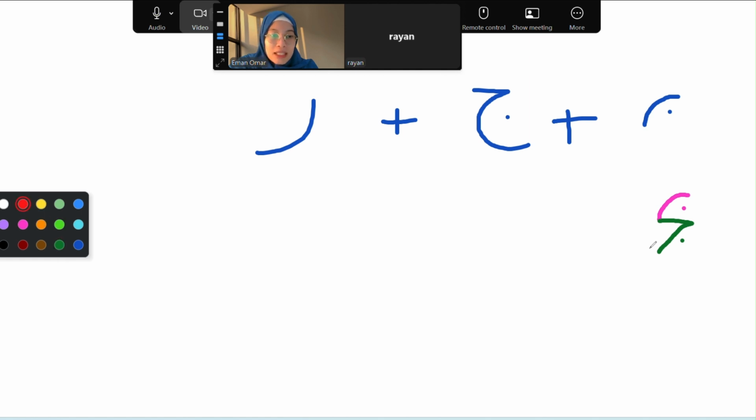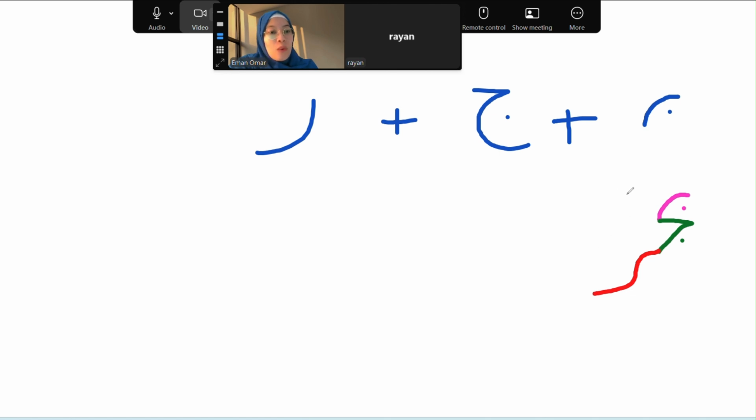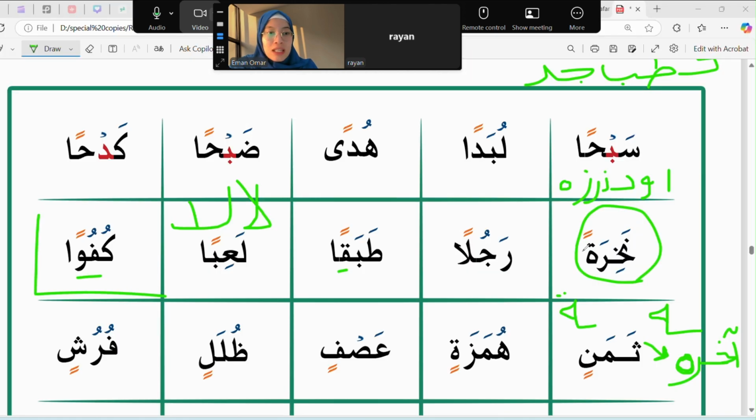Okay, and then here is the ra. So it looks different because normally we would see it like this, ba, jim, and ra, right? But as you can see here, it could look like this. So according to what we said, can you recognize these letters?